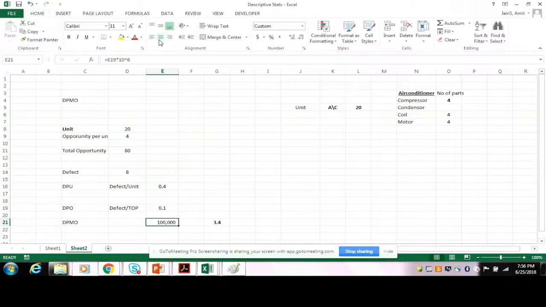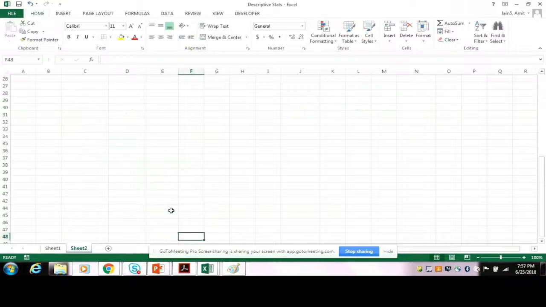Lower, probably 0. Somewhere negative. Right, somewhere negative, absolutely. Because what we are saying is, for every opportunity, 10% is the defect rate that we have. That is quite high, right? Correct.